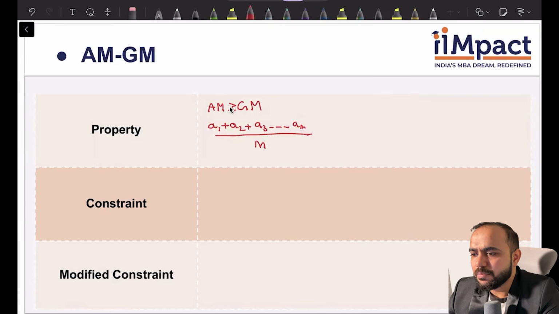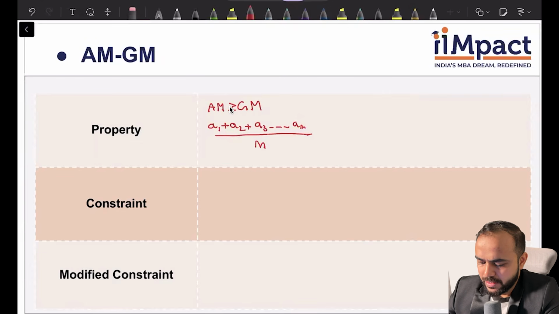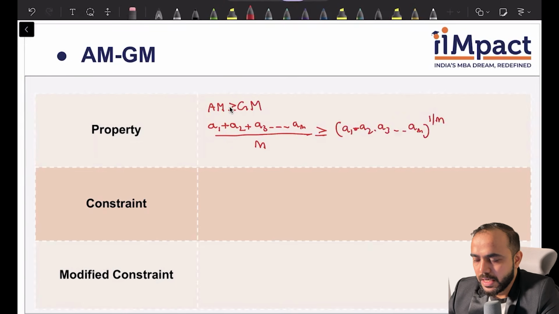Summation divided by number of items that you added will be greater than or equal to the product of the items raised to the power 1 by n. This is what AMGM is. This is the only statement that you need to know about AMGM. However, its application is very agile.